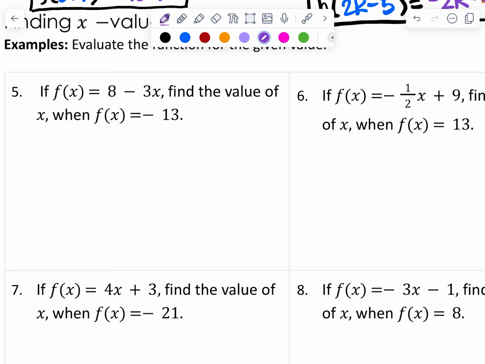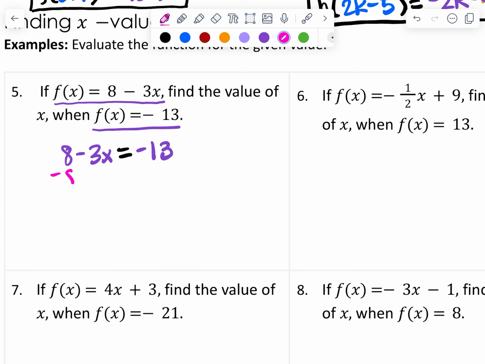It's telling you that f of x equals 8 minus 3x, and it's telling you that f of x equals -13. If both of these things are true, I can make them equal to each other. So 8 minus 3x equals -13.